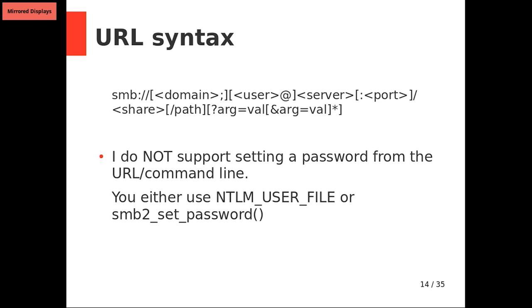I do not and will not support specifying the actual password in the URL on the command line, because that will eventually end up either in a log file or in the ps or top output. So that will never, ever happen, even if a lot of users ask for it. That's just the way it is. You can specify the password either via a file or via an API.